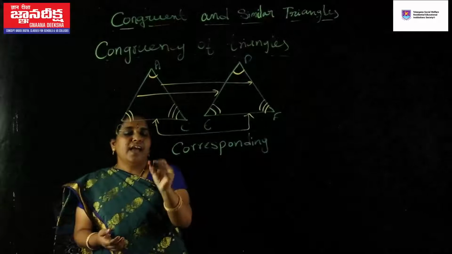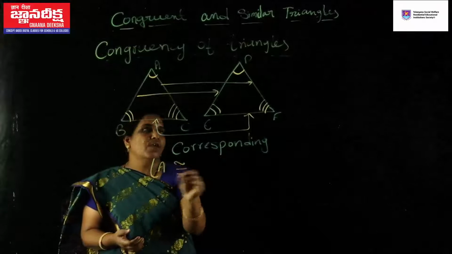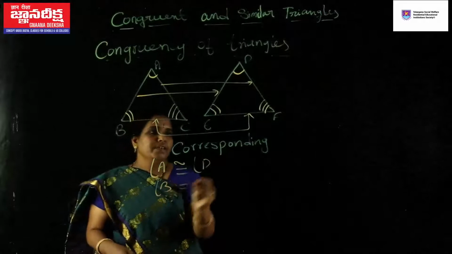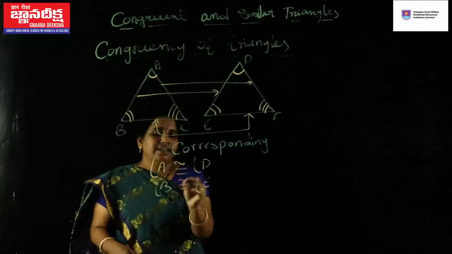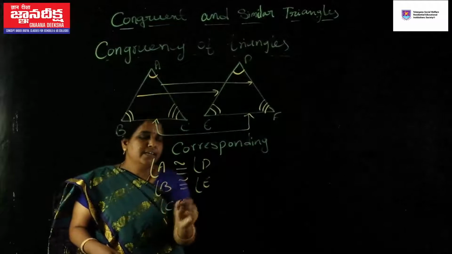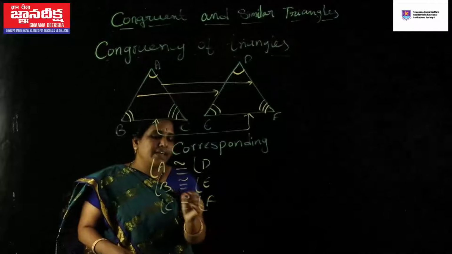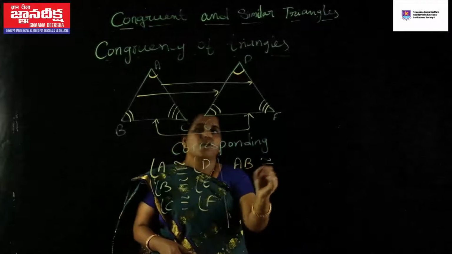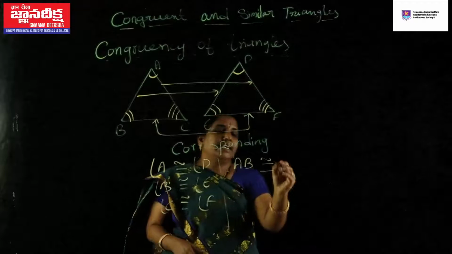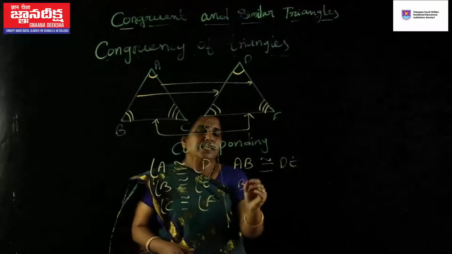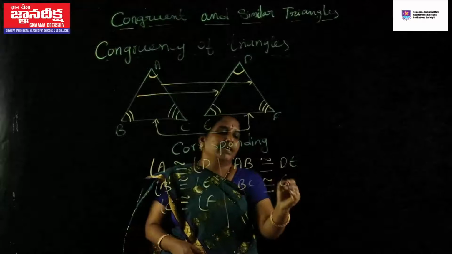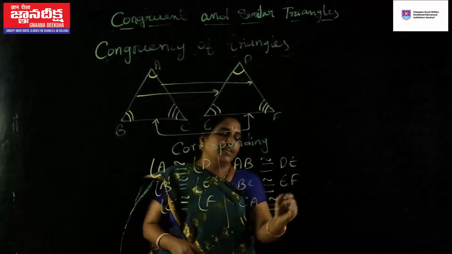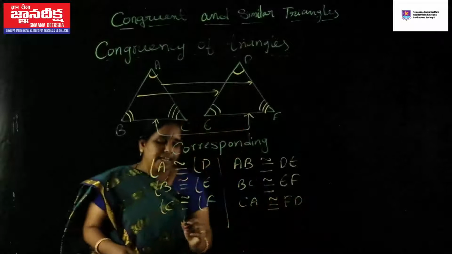So what is the rule? Angle A is congruent to angle D. Angle B is congruent to angle E. Angle C is congruent to angle F. And coming to sides, AB is congruent to DE, BC is congruent to EF and CA is congruent to FD.